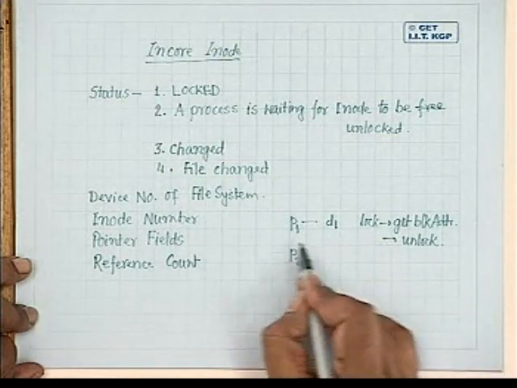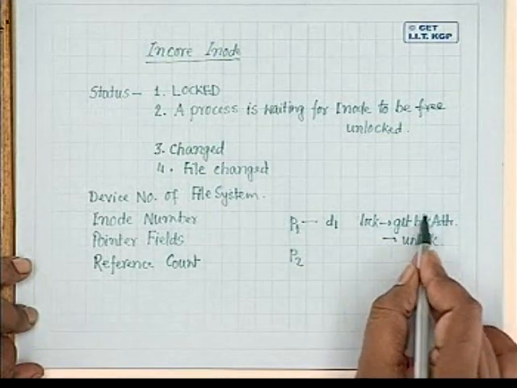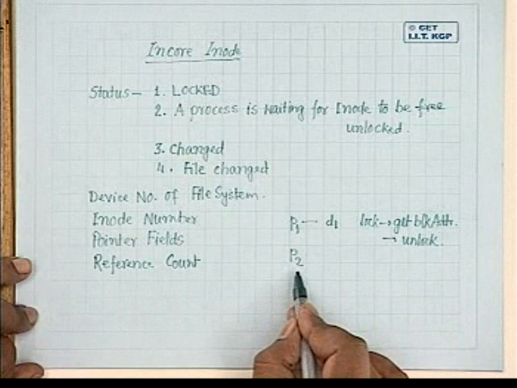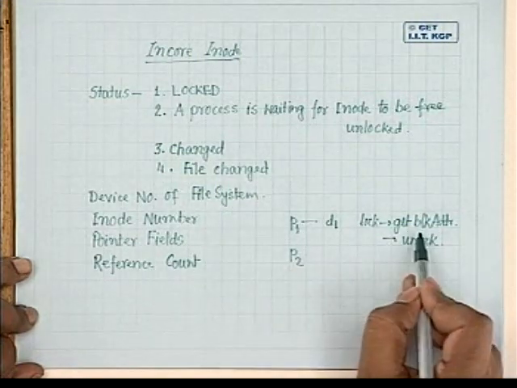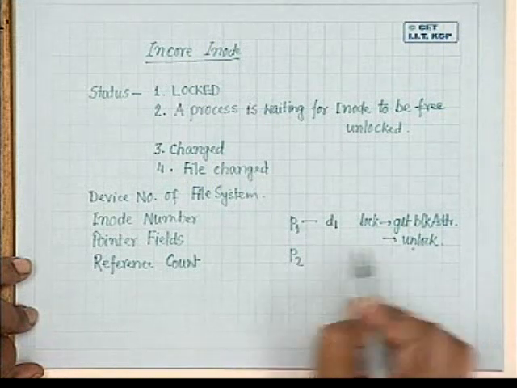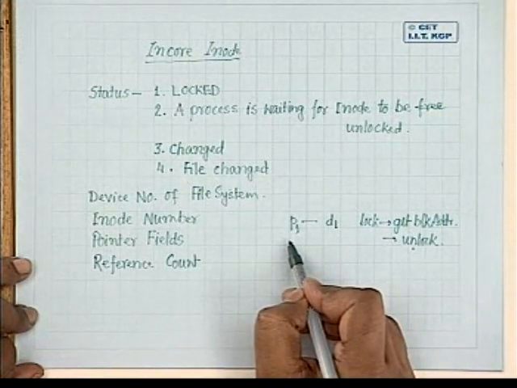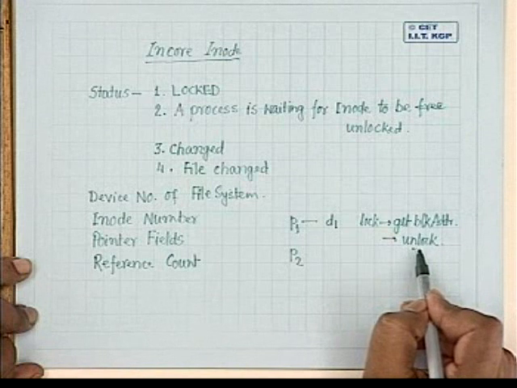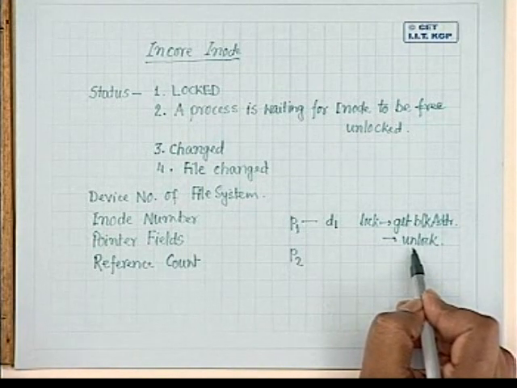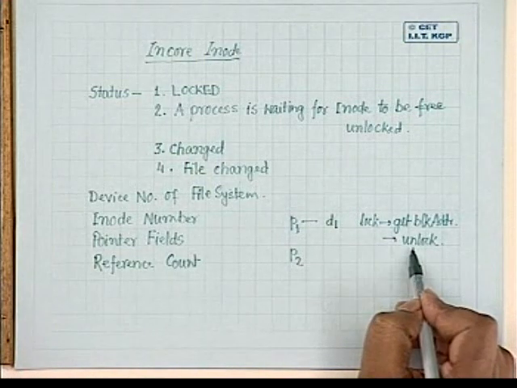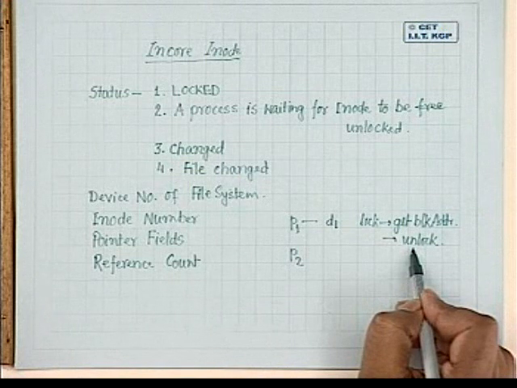Now while process P1 is accessing the table of contents to get the block address, process P2 cannot access the same inode. Process P2 will access the same inode only when it is unlocked by process P1. But this does not mean that process P1 has closed the file. Process P1 has only accessed the inode to get some information. It has not closed the file.